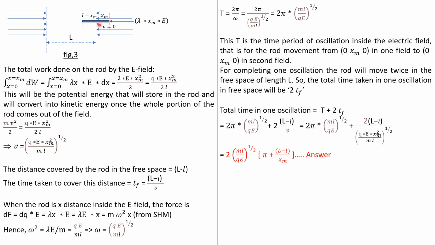So we can comfortably write that initially it had kinetic energy half mv square, which has now completely turned to potential energy because V is equal to 0 at x equal to xm. So you will get V equal to square root of q into E into xm square divided by ml.